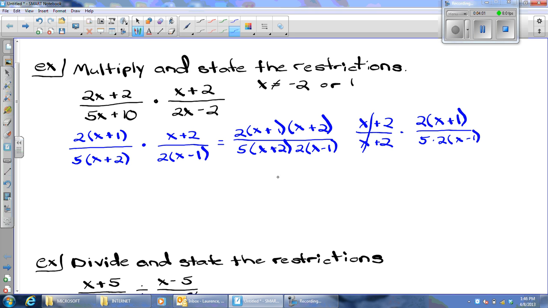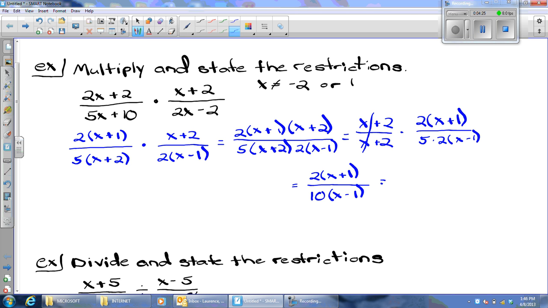And when I simplify, now I have 2 times x plus 1 over 5 times 2 is 10, and I still keep the x minus 1. Now I have this 2 and this 10 out front.